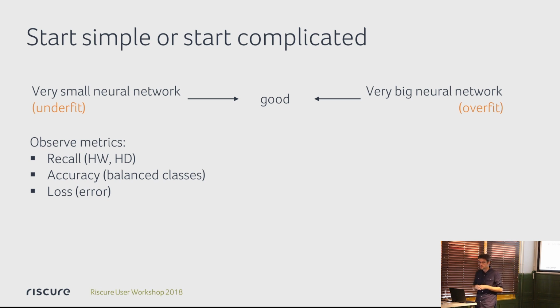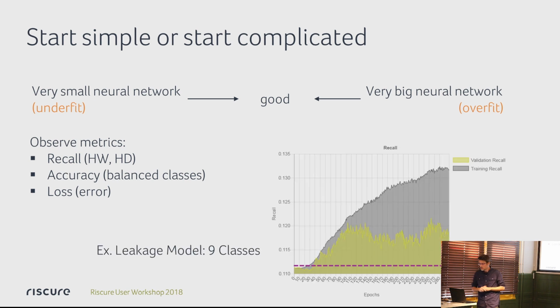And to do that, you need to observe some metrics, like accuracy, the error of your model, the recall, which is a very interesting metric for imbalanced classes like Hamming weight, Hamming distance. Just to make a parallel, if you see the application of deep learning, let's say for image classification, what they want to have is 100% accuracy or something close to that.